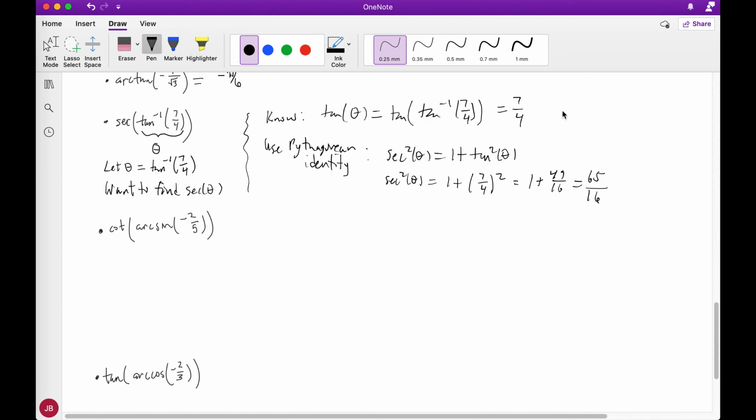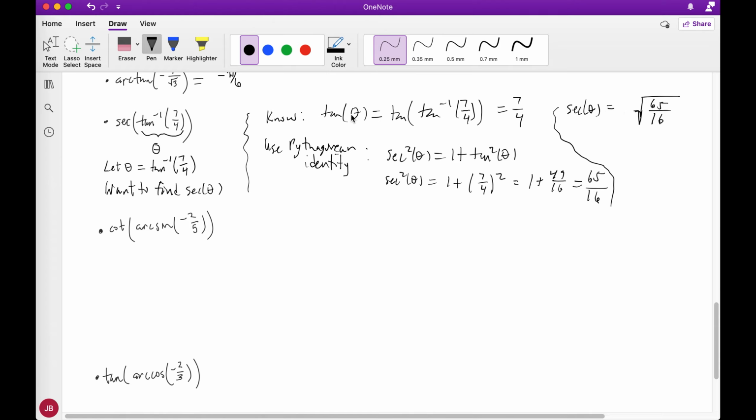And so therefore, I know that the secant of theta is, well, it is the square root of that, but it could be positive or negative, right? So we need one more piece of information.